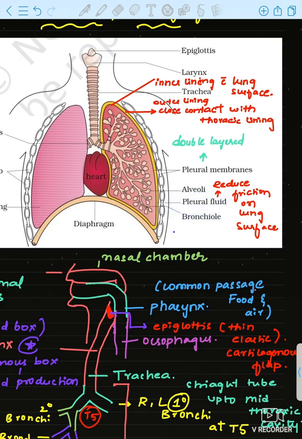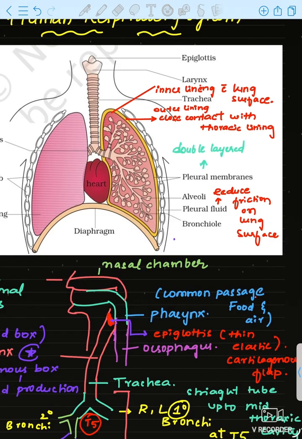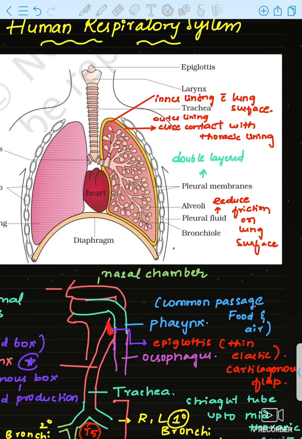What is the function of pleural fluid? It reduces the friction on the lung surface. If somebody hits on the chest, it reduces the friction of that hit, okay, and it protects from severe damage. And you can see one more basic thing is the inner pleural membrane.